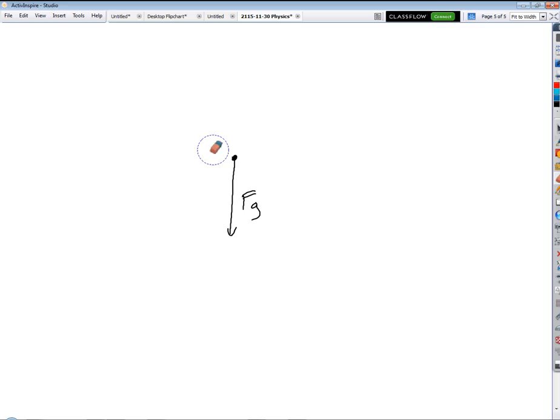Let me ask you this question in a slightly different way. Is a force required to keep an object moving at constant velocity? Now what's implied there maybe is a net force. It's moving at constant velocity. Is it accelerating?